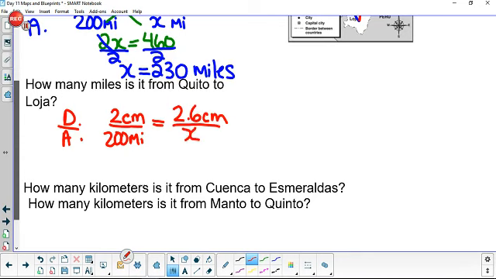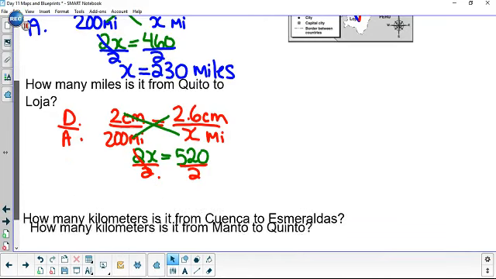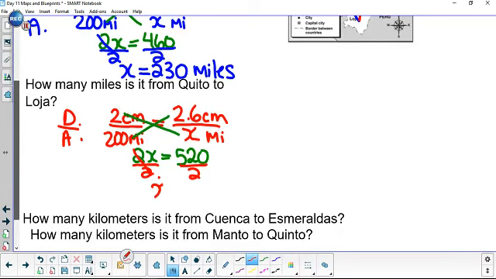So we can determine how many miles it is. 2 times x is 2x. 200 times 2.6 is 520. We want to isolate the x, so we divide by 2. 2 divided by 2 is 1. So we end up with x equals 260 miles.